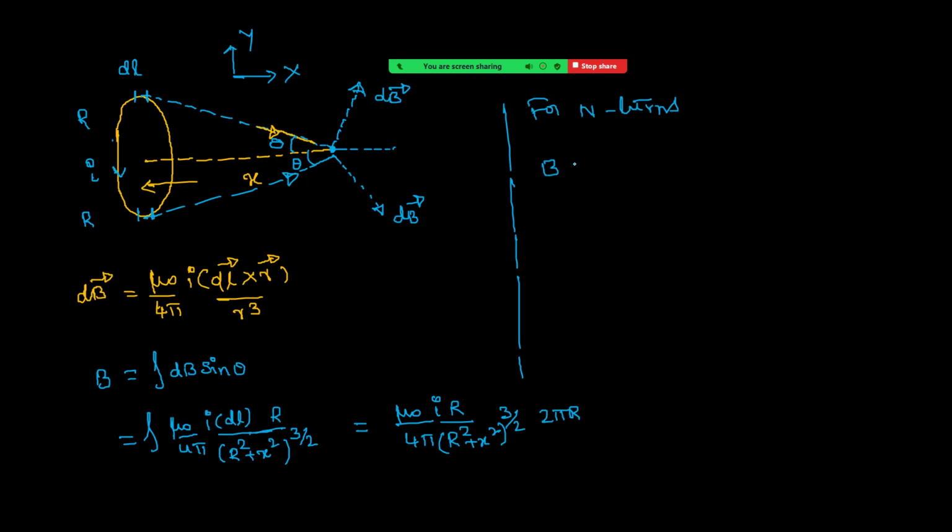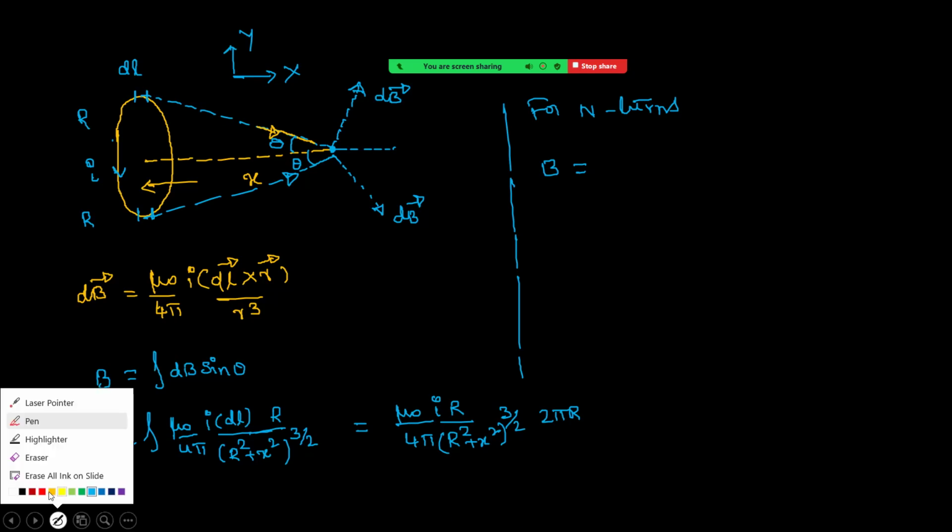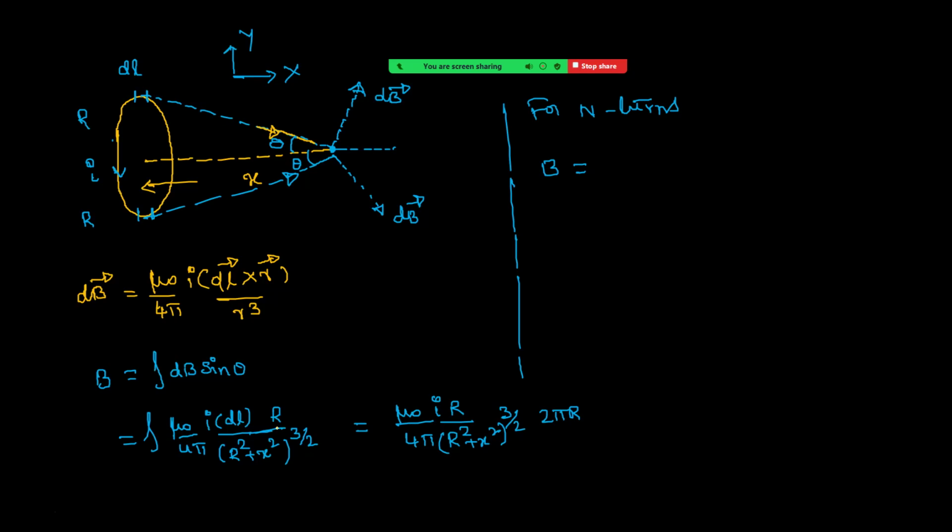So B will be, first of all, the calculation here: pi and pi get cancelled, and 2 times r and r square.